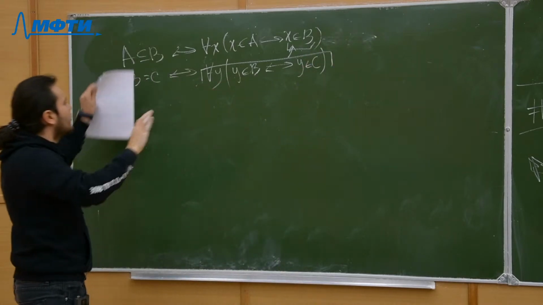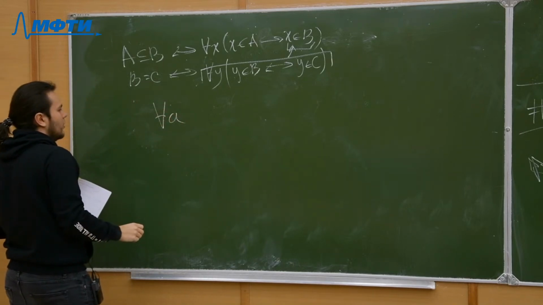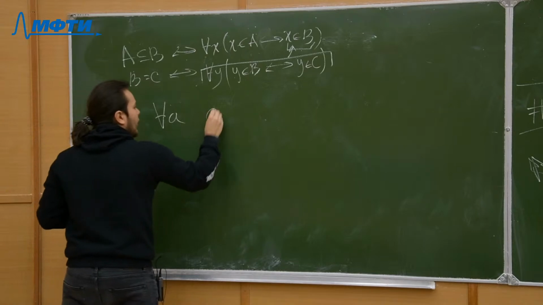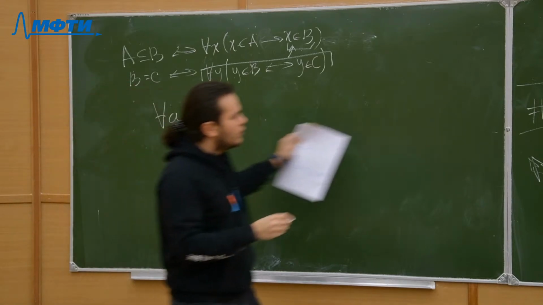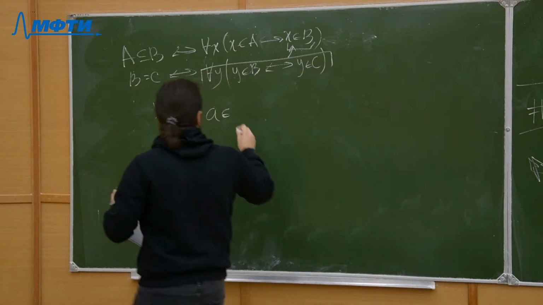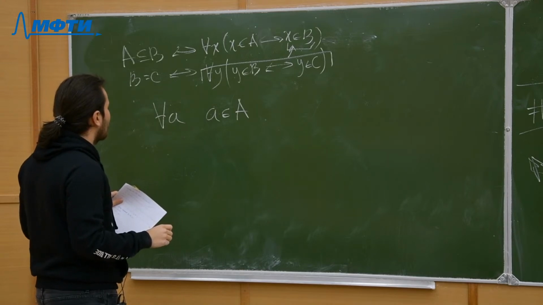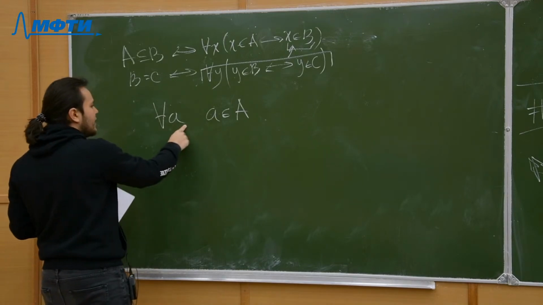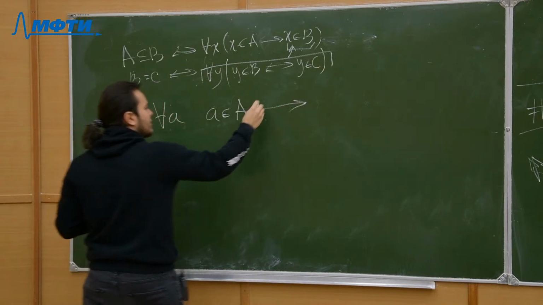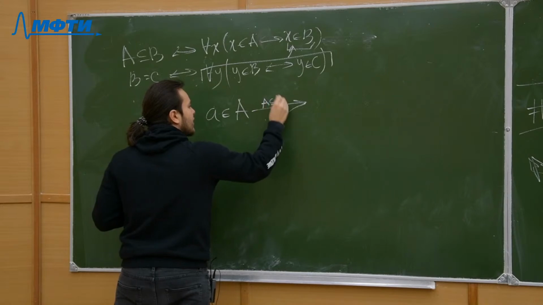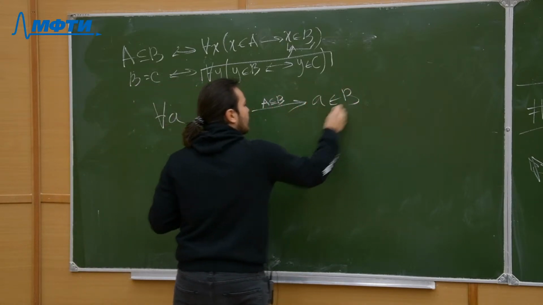Okay, so we know this. Now, for all a such that a belongs to A, what do we have to prove? That a belongs to C. So for all a such that a belongs to A, since A is a subset of B, then a belongs to B, right?